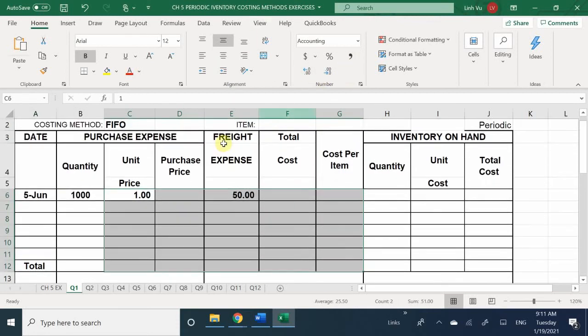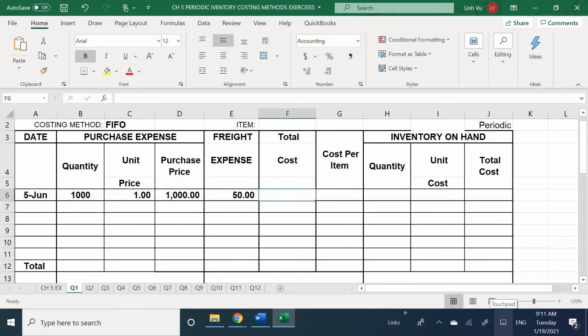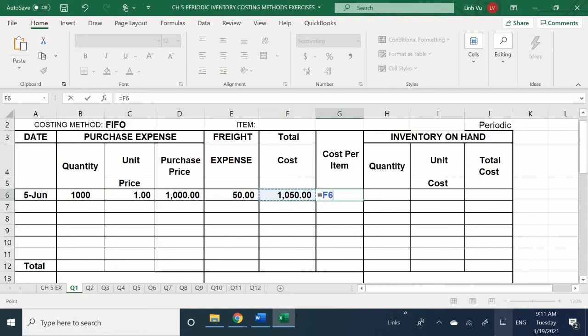Here we are. The formula is going to be quantity times cost per item, or unit cost, which is $1,000. My total cost is $1,050. What is my cost per item going to be?